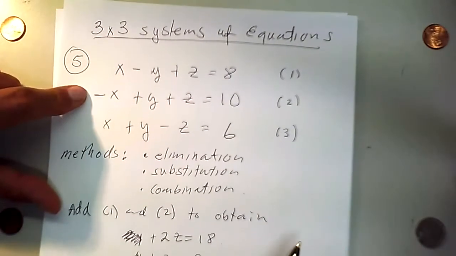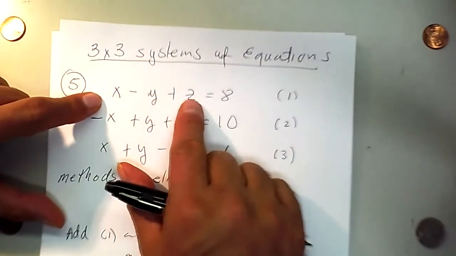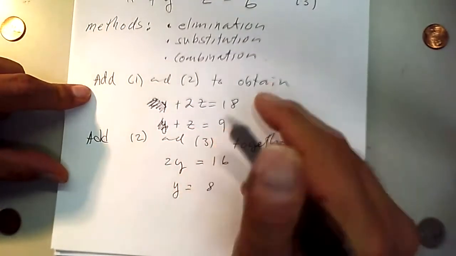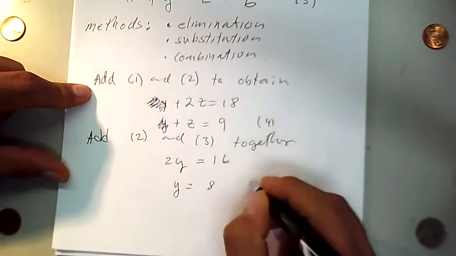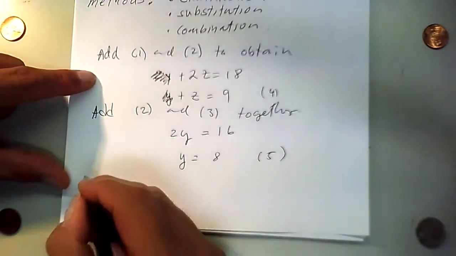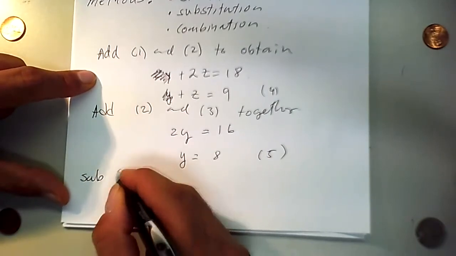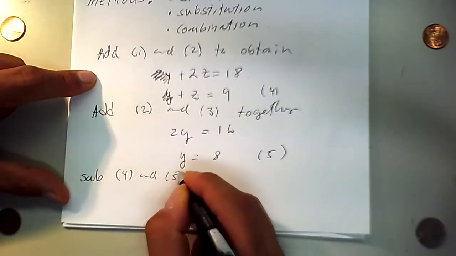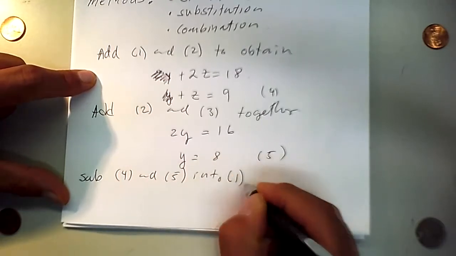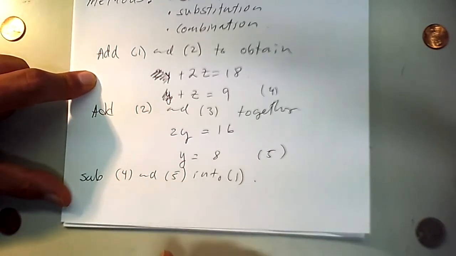Now, we can just substitute the y and the z that we already obtained in the first equation. We can label this equation as equation 4. This one is equation 5. And then sub equation 4 and equation 5 into equation 1.